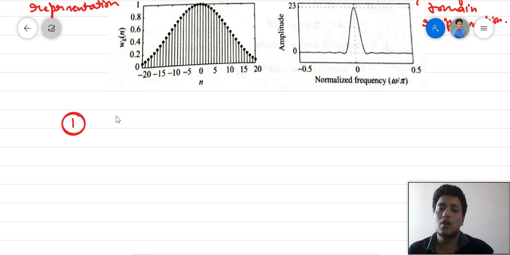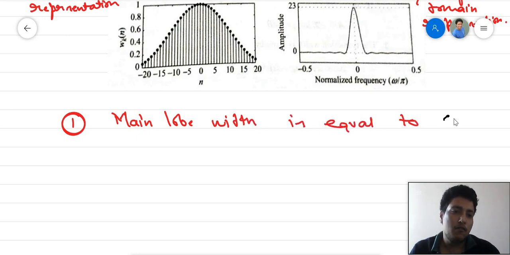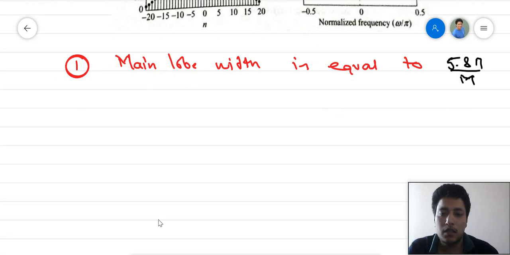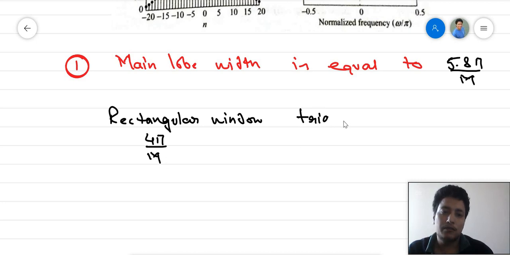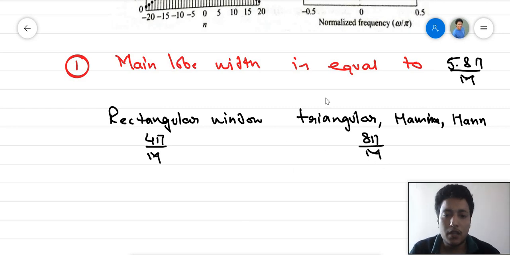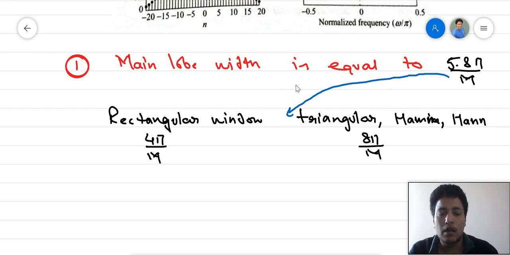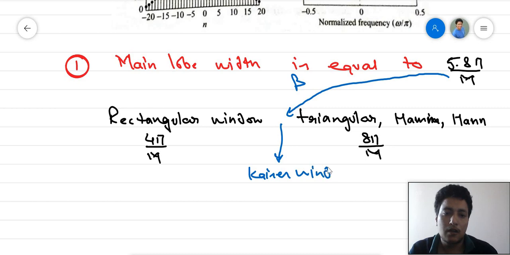In this case, the main lobe width is equal to 5.8 pi by M, and this particular result is very interesting, as we see for the rectangular window we have 4 pi by M, and triangular, Hamming and Hann have 8 pi by M. So with this value of beta, the Kaiser window can fill a gap between the rectangular window and these windows.